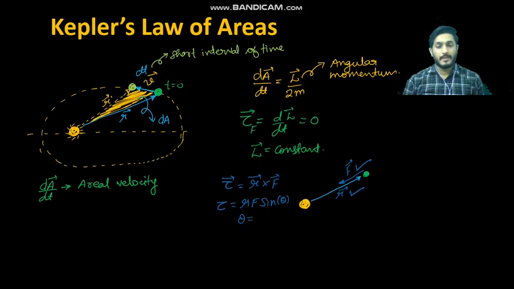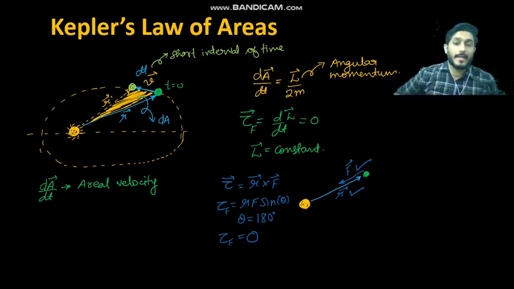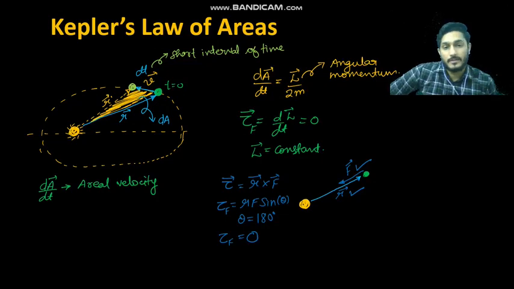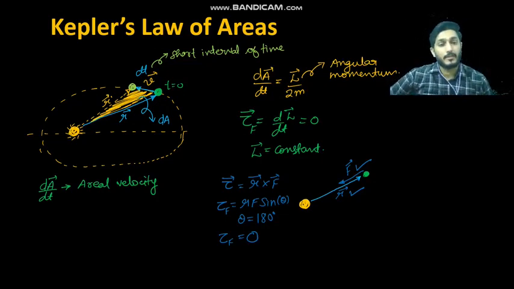So tau, the torque of this gravitational force about the sun, comes out to be 0. Hence we can say that angular momentum is constant. Since the angular momentum of the planet is constant, we are now confident enough to say that the aerial velocity of the planet about the sun must remain constant. So in short, aerial velocity of a planet about the sun is constant as a consequence of conservation of angular momentum.